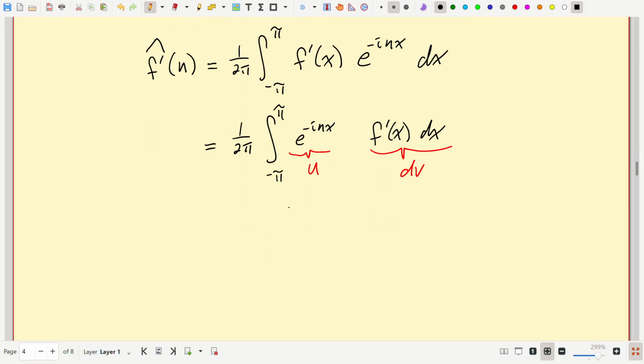If u is that and v is that, then of course du is minus i n e to the minus i n x dx, and v is f of x.